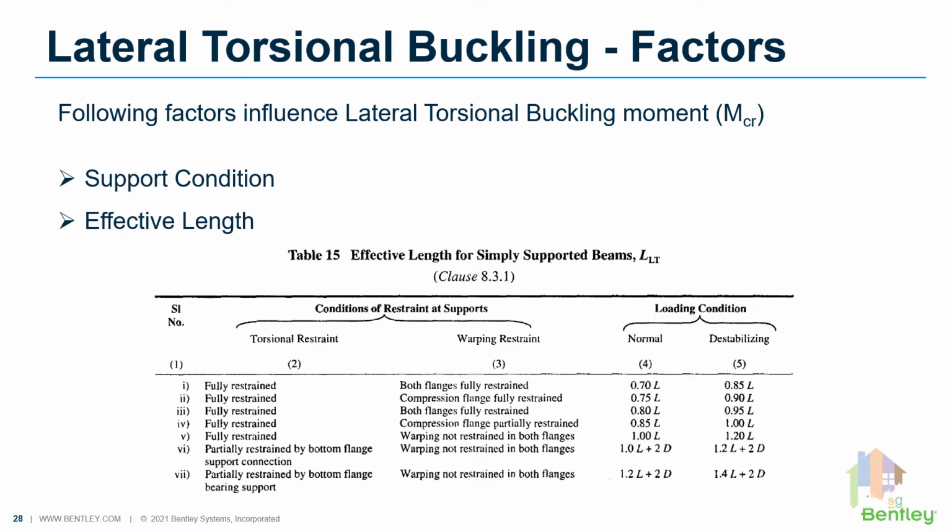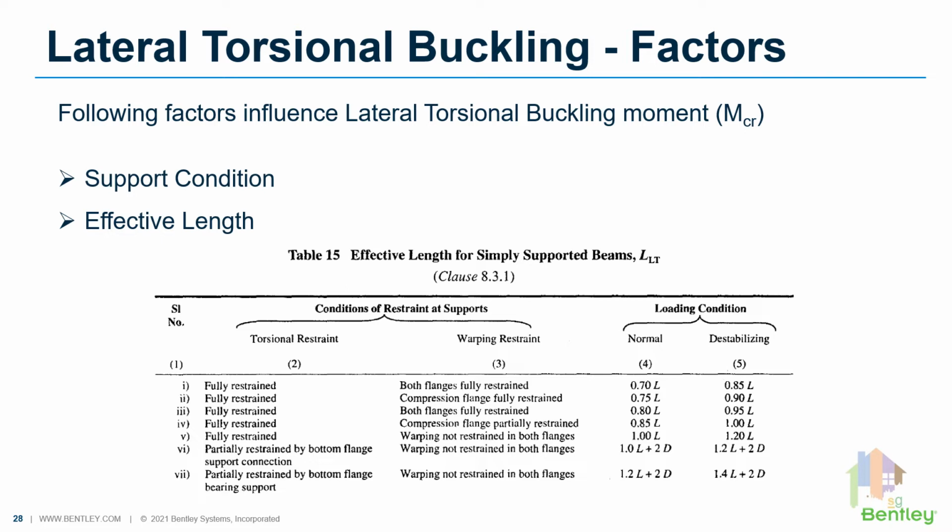In Table 15 of the IS800 code, depending on the support restraint condition, effective length factors are provided and this needs to be considered for MCR calculation. In this table, only end conditions are considered and if there is any intermediate restraint, then the effective length should be calculated using 8.3.1 to 8.3.4.